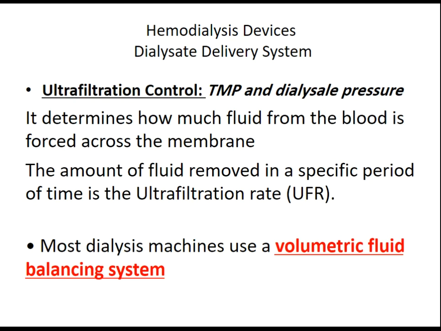The ultrafiltration control system in the hemodialysis machine depends on the transmembrane pressure and the dialysate pressure. It determines how much fluid from the blood is forced across the membrane.